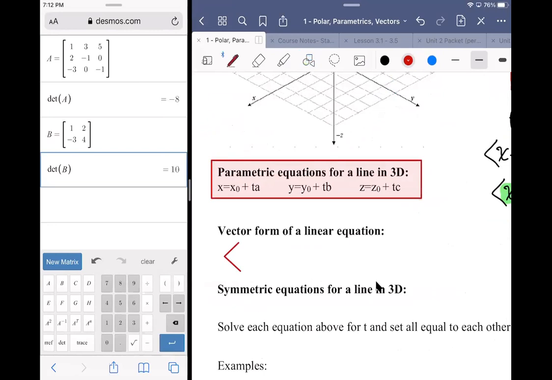So we can write it as X sub O. I know some people say X null or X naught. I say X sub O. I know it's not an O, it's a 0. It just rolls off the tongue a little bit better for me. So if you're familiar with the other way of saying it, just know that I'm talking about the same thing that you always knew. Right. Y sub O plus TB, Z sub O plus TC.